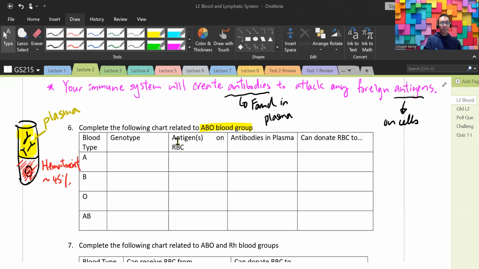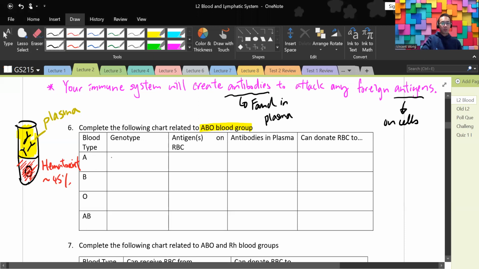All right, so let's go back to this. Type A blood, the genotype, could be IAIA or IA small i. For B, it's IBIB or IB small i. So if I tell you I'm type B blood, you do not know if I'm homozygous or heterozygous.